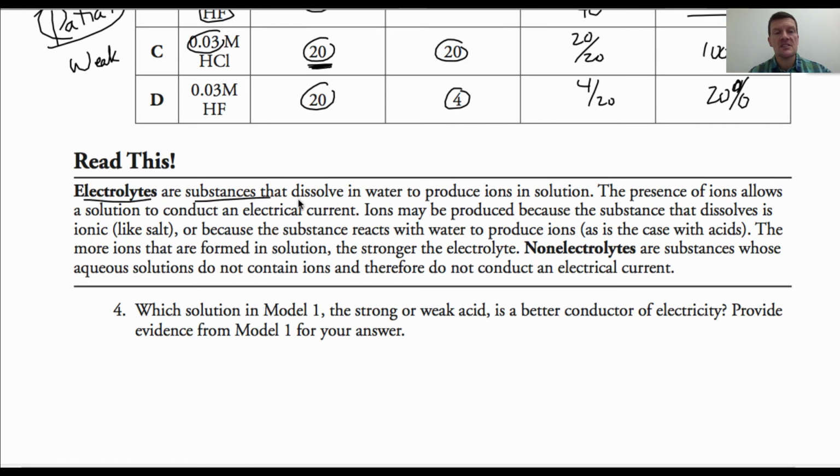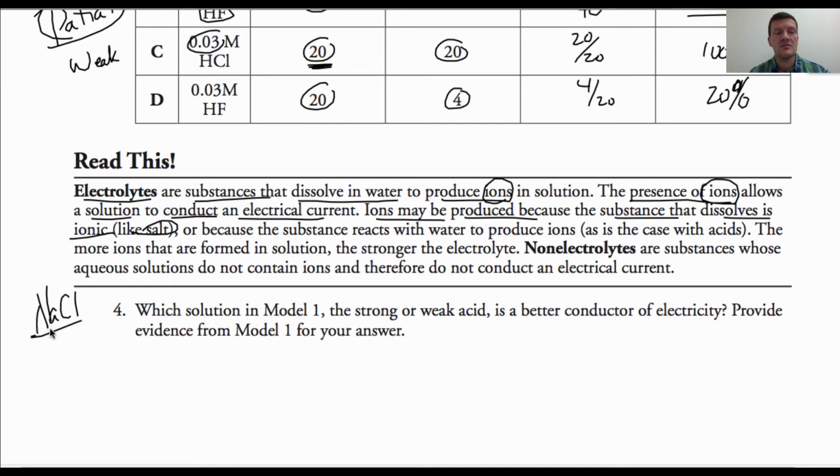Electrolytes are substances that dissolve in water to produce ions, like our acids, like bases, and lots of ionic compounds. The presence of ions allows a solution to conduct an electrical current. Ions may be produced because the substance that dissolves is ionic, like salt, NaCl, for example.